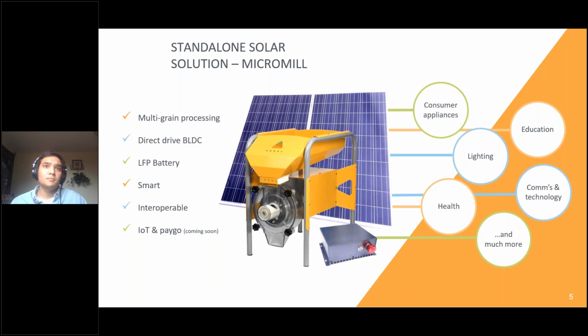It uses a high-spec brushless DC motor in direct drive format, primarily to reduce costs and reduce losses in power transmission. It does have a lithium-ion battery behind it. That's an essential piece for a mill, because you always need power to be kept up to the milling head. It's smart.